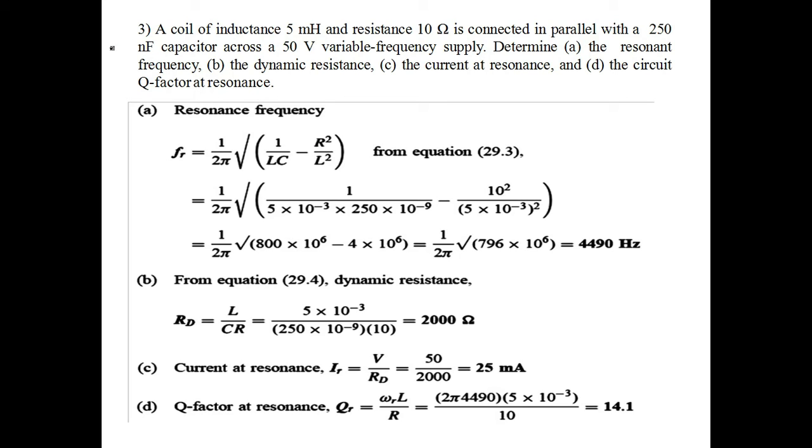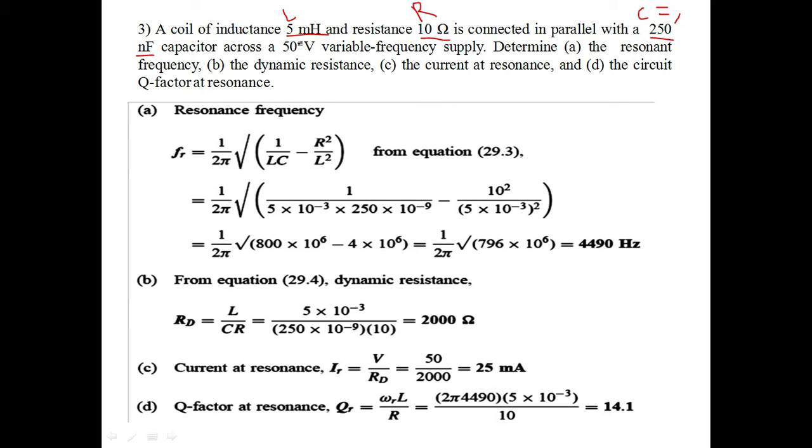In this example, a coil of inductance L equal to 5 millihenry and resistance R equal to 10 ohm is connected in parallel with a capacitor C equal to 250 nanofarad.